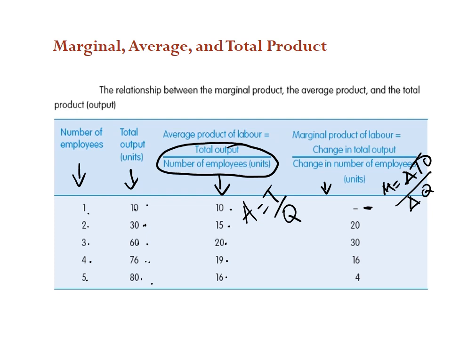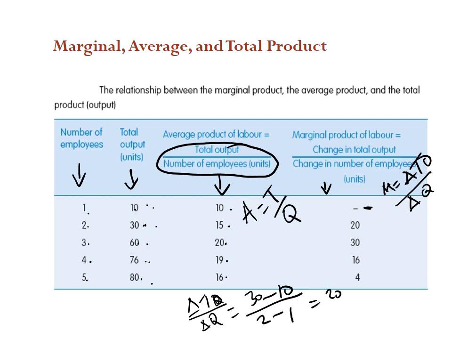How about in the second instance? What's our change? Our change in output: we're moving from 10 units to 30 units, so change in total output divided by change in quantity is 30 minus 10 divided by our change in employees, 2 minus 1.